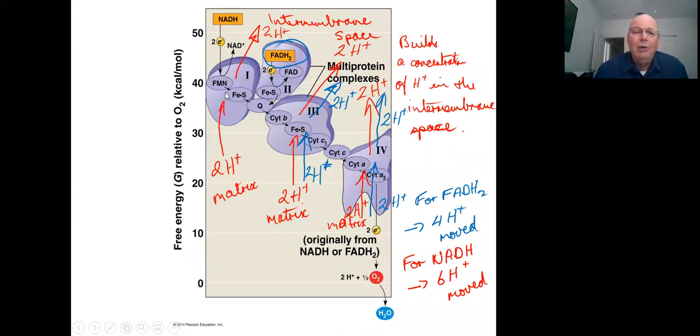So in terms of how it functions, the fact that the electrons are moving from high free energy to low free energy, from low electronegativity to high electronegativity, that it's a sequence of proteins, that you do need to know. But the names of the proteins, the sequence of the proteins, not so important. In fact, not really important at all, to be quite honest.